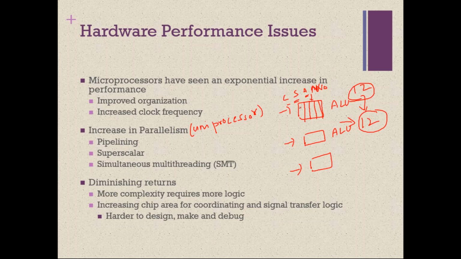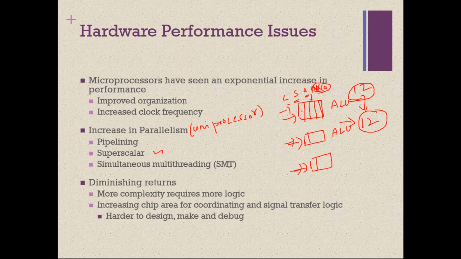Are you getting it? You have three compare units, so three instructions can perform compare at the same time. Another three instructions can perform shift at the same time, another three can perform add, and another three can perform normalize at the same time. So that is what is called superscalar.